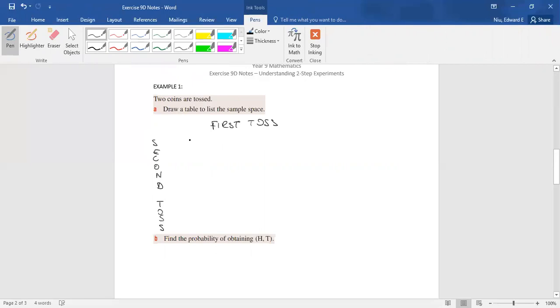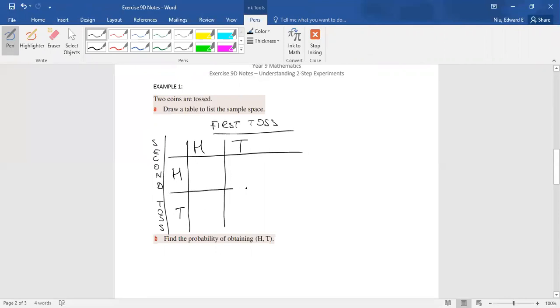On the first toss, you can get heads or tails. On the second toss, you can also get heads and you can also get tails. So what we do now is we draw our table like so.